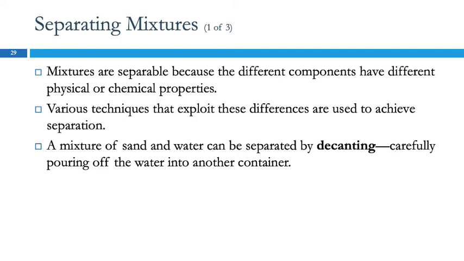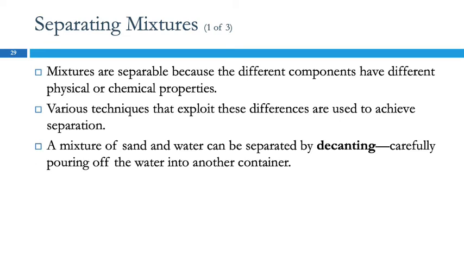And you get these rocks out of the earth. They have iron in them, but they've got other stuff in them too. And so you have to separate the iron from the other stuff, right? That's doing a separation. We do separations all the time, and they're very, very important in manufacturing and all kinds of stuff. So let's think about the sand and water.